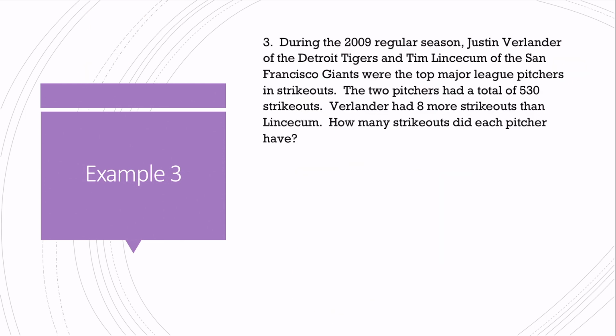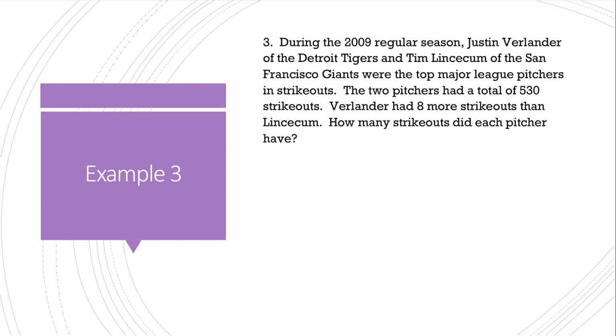In example 3, during the 2009 regular season, Justin Verlander of the Detroit Tigers and Tim Lincecum of the San Francisco Giants were the top major league pitchers in strikeouts. I guess that's very good. So the two pitchers had a total together of 530 strikeouts. Verlander had 8 more strikeouts than Lincecum. So how many strikeouts did each pitcher have?